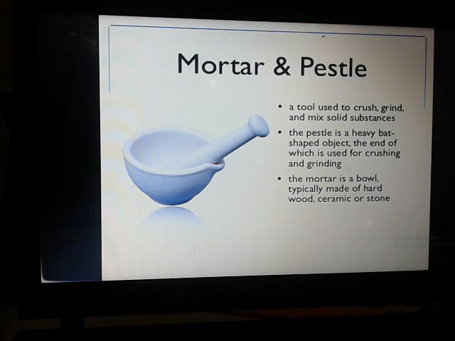This mortar and pestle is one kind of tool which is used to crush, grind and mix solid substances. For example, suppose I have a solid oral dose, a paracetamol, which is hard. Suppose I have coated tablets, enteric-coated tablets.